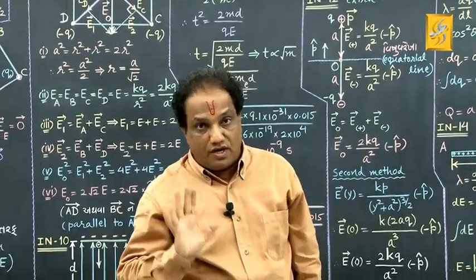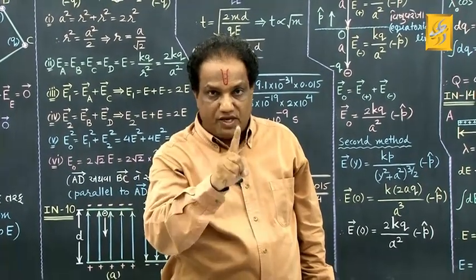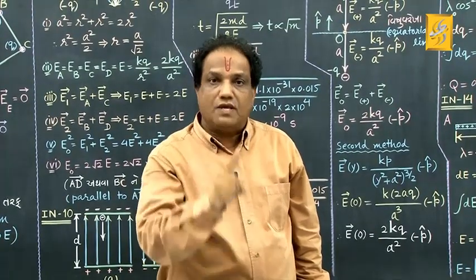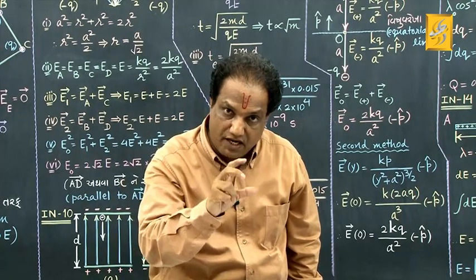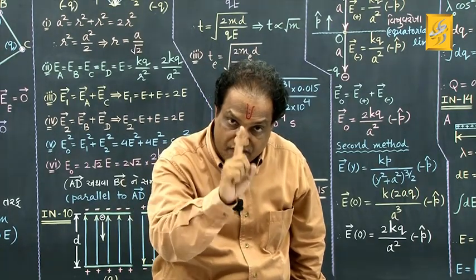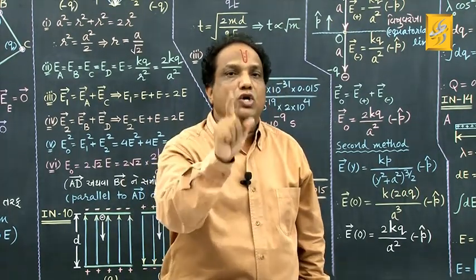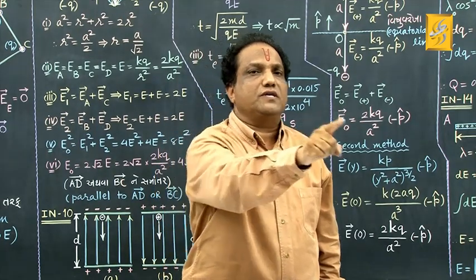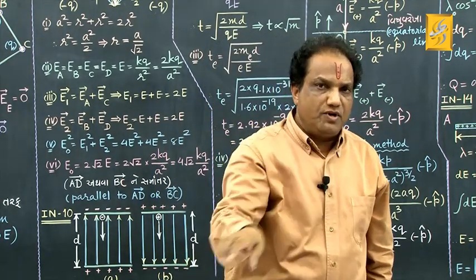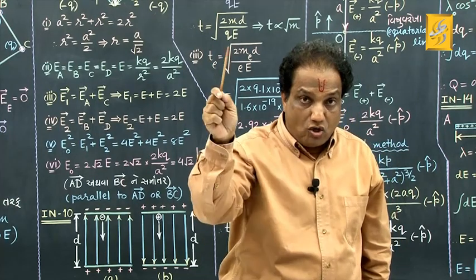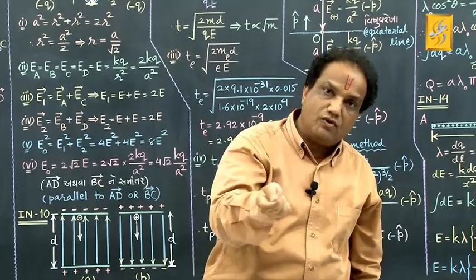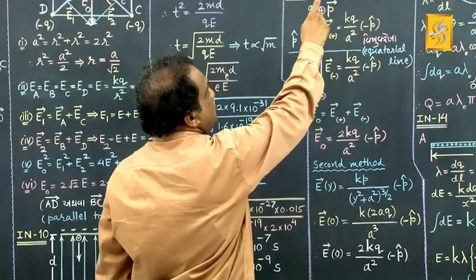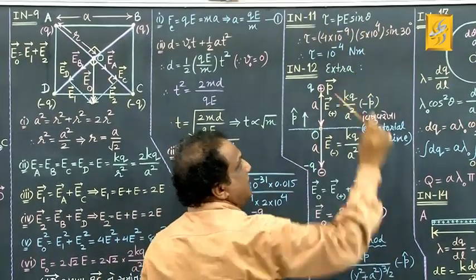Have you studied it in the theoretical part? Whenever you place an electric dipole in a uniform electric field at angle theta, then the torque exerted on the dipole is given by the formula tau equals PE sin theta. Remember the vector relation? Vector tau equals vector P cross vector E. And when you take the magnitude, tau equals PE sin theta.